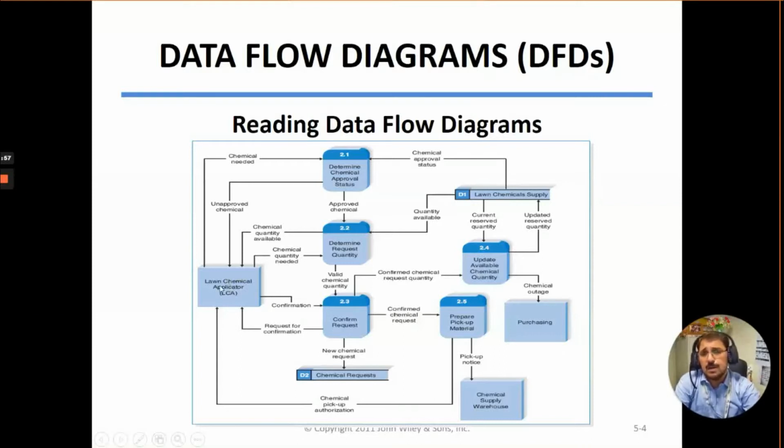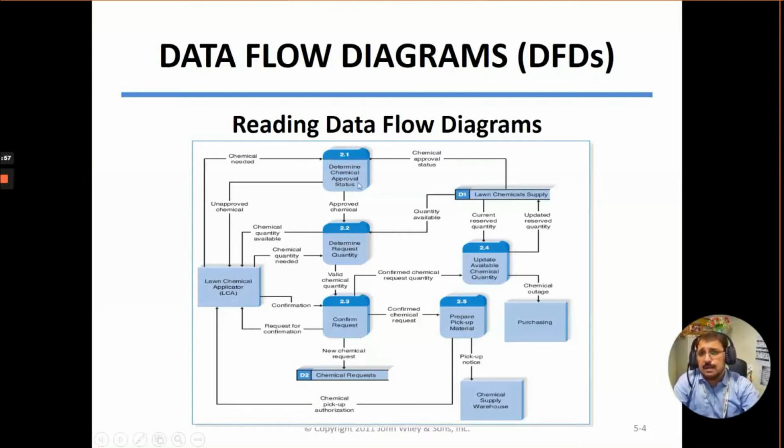Mostly data flow diagrams start from left to right when you are reading, left to right or top to bottom. So the LAN chemical applicator, you see, a chemical is needed. From here, a chemical is needed.